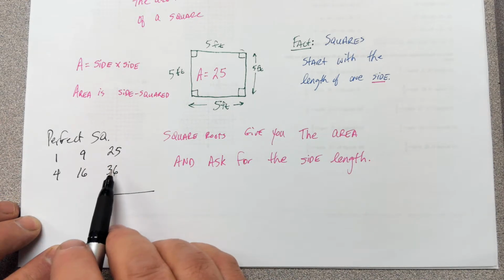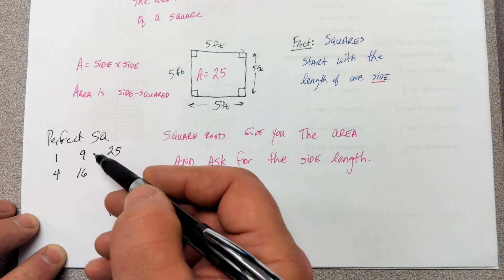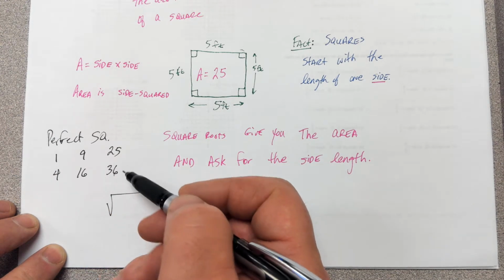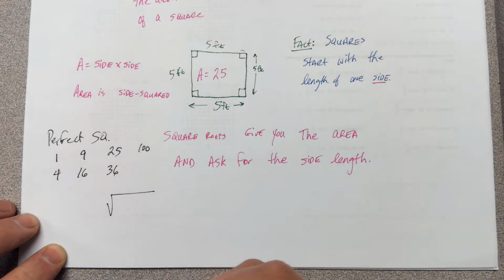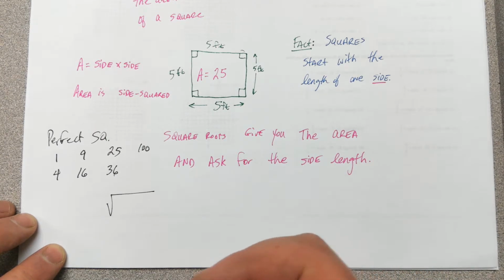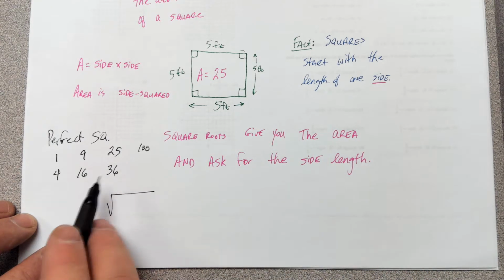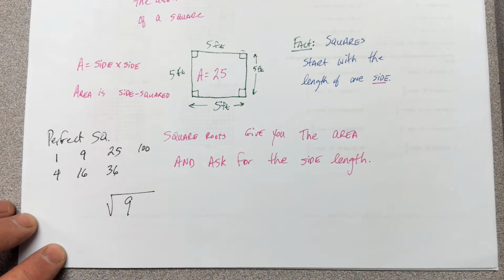These are all numbers times themselves. So this is 1 times 1, 2 times 2, 3 times 3, 4 times 4, 5 times 5, 6 times 6. Like 100 is a perfect square because that's 10 times 10. So these could all be areas of easy squares. For example, the square root of 9 is 3.